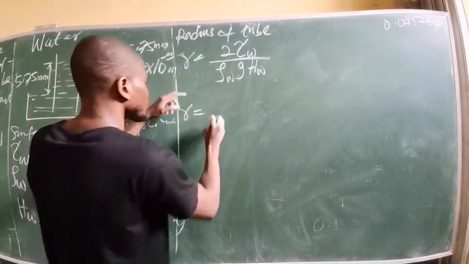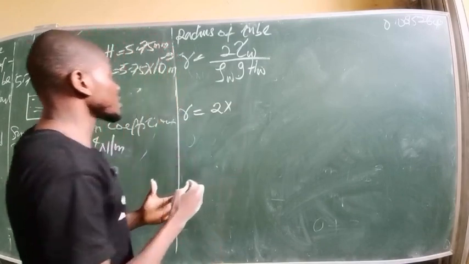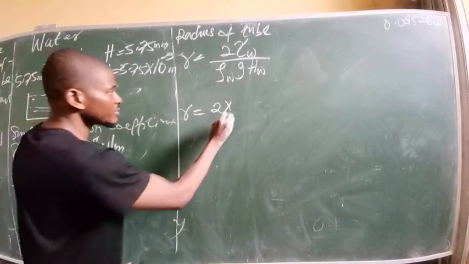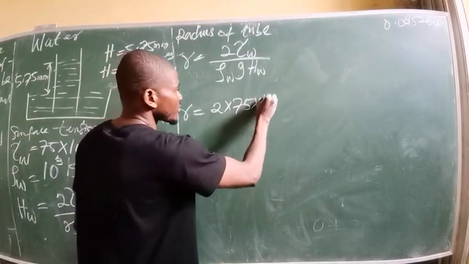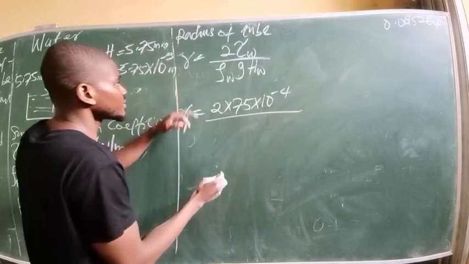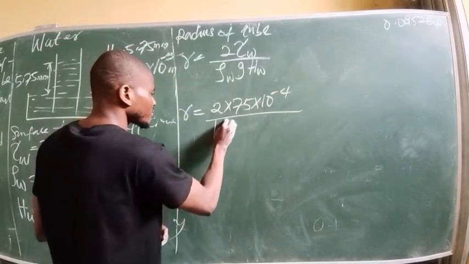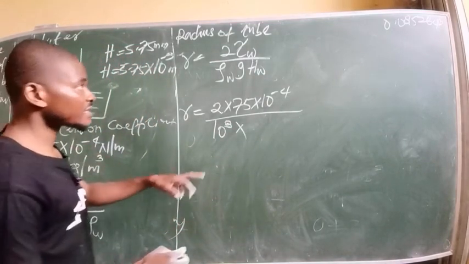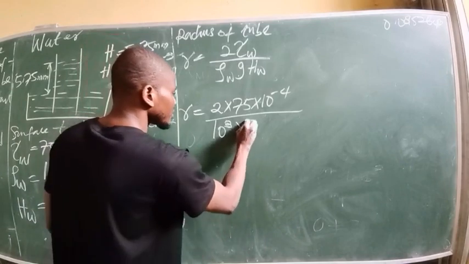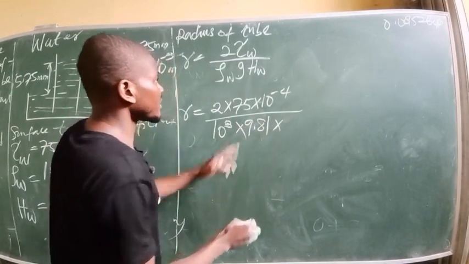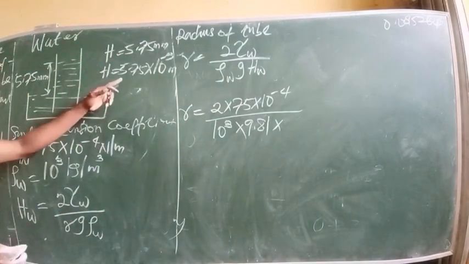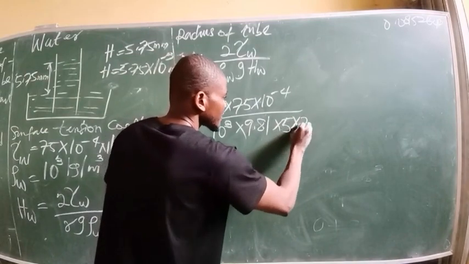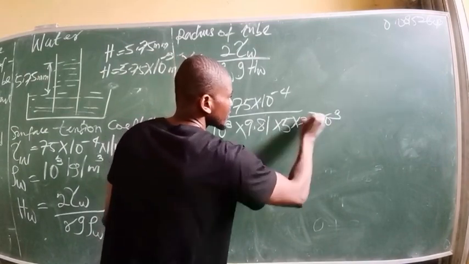So the radius is equal to 2 multiplied by the surface tension coefficient of water, 75 by 10 to the power of minus 4, all over the density of water, 10 to the power of 3, multiplied by gravity, 9.81, multiplied by the height of water, 5.75 by 10 to the power of minus 3.